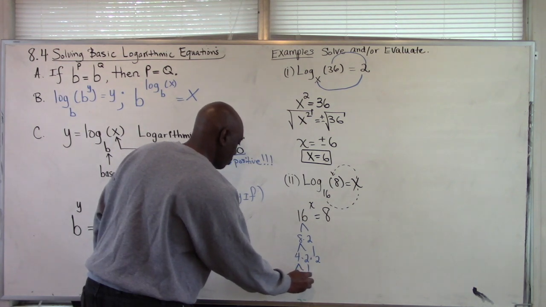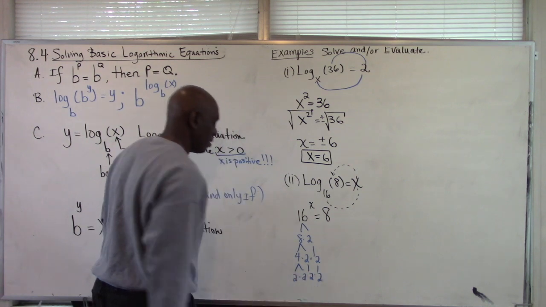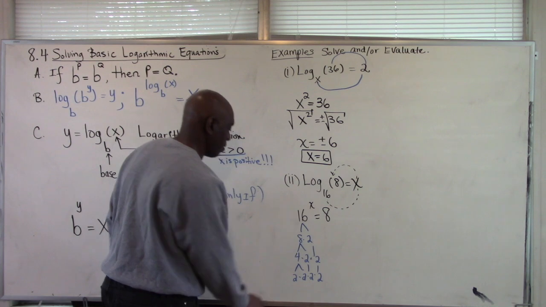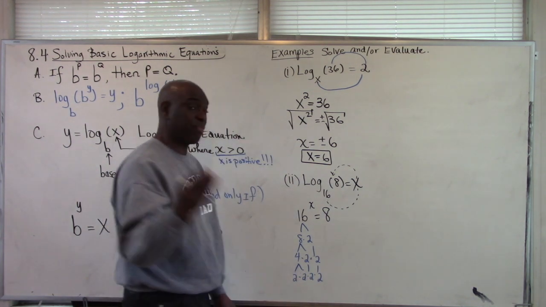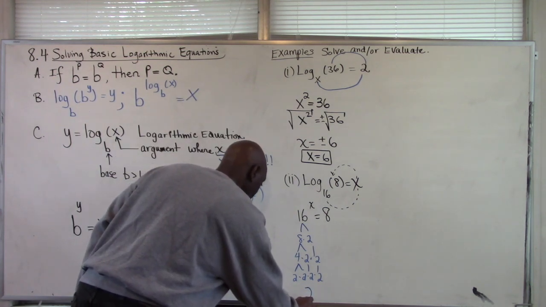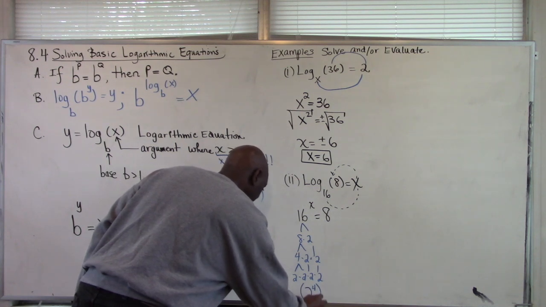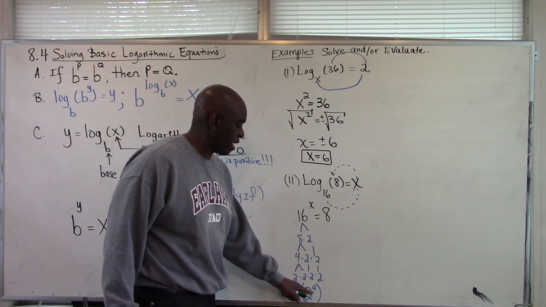Bring down this 2. And bring down this 2. Okay, you see that? And so what we have here, we have how many 2's here? 1, 2, 3, 4. We have 4 2's. So we're going to have 2 to the power of 4. That's what 16 is. 16 is 2 to the power of 4.